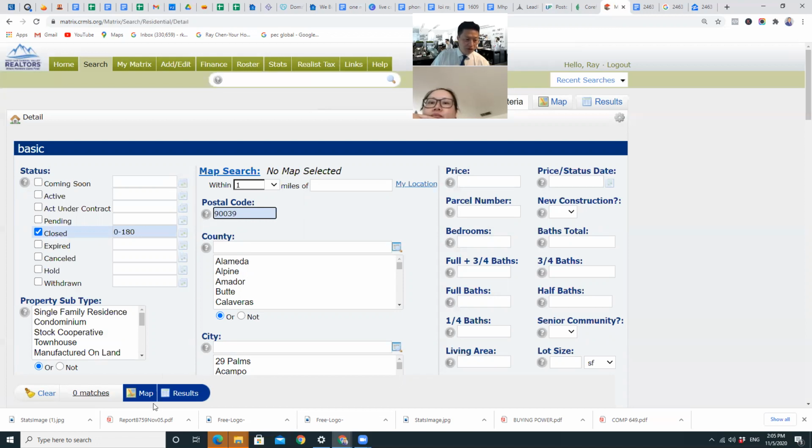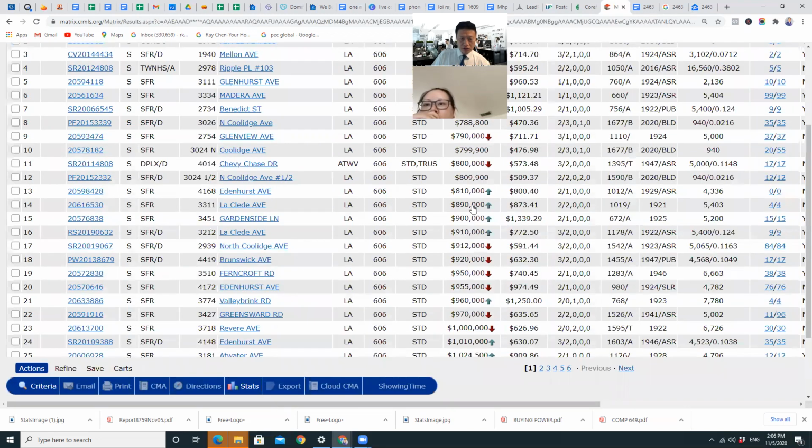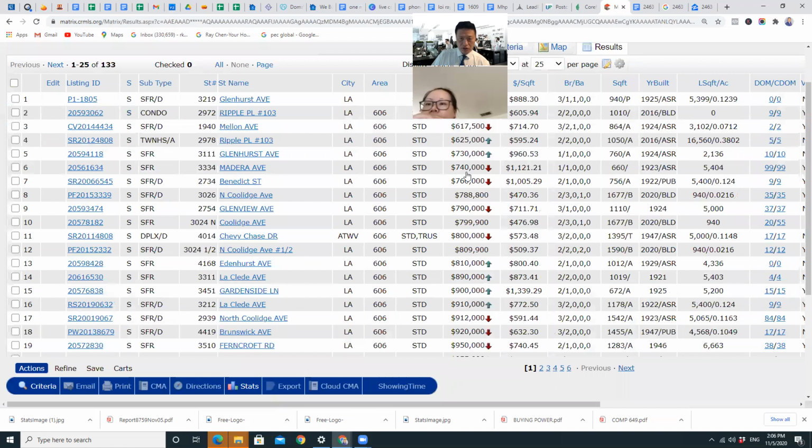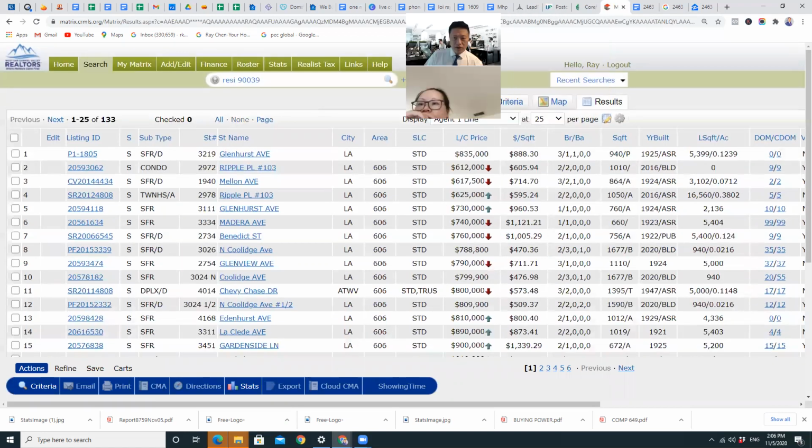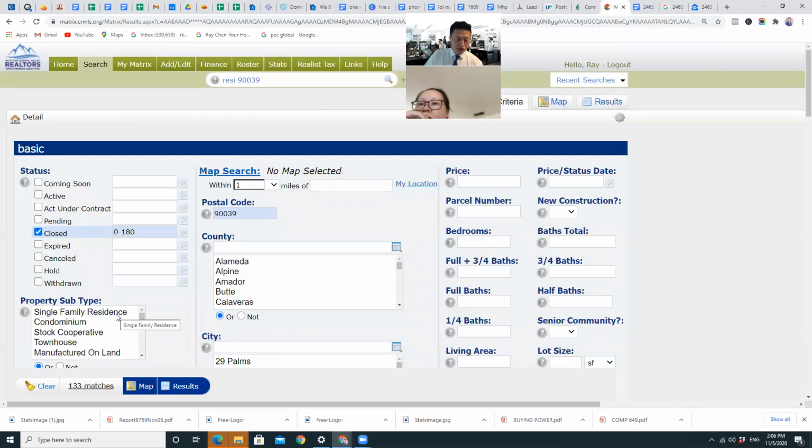So I look at the closing. There's 133. Usually I do the buying power first. If it's too many, then I limit it to more similar homes, make it all single family.